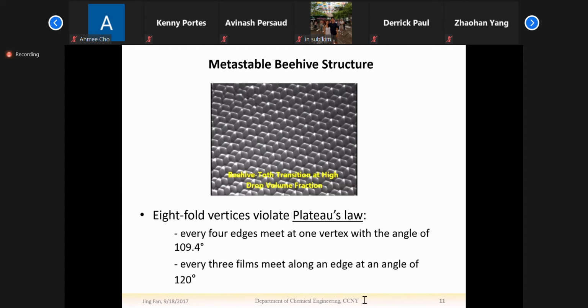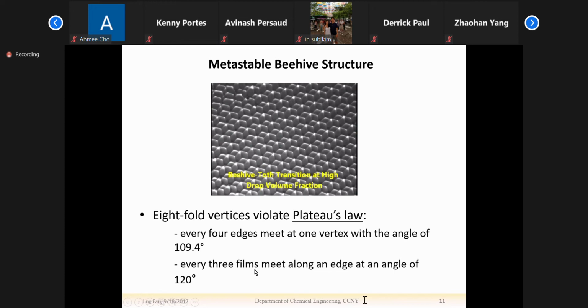Okay, so the reason for this structural transition from beehive structure to the other is actually that this beehive structure is not stable at high droplet volume fraction. It's against the so-called Plateau's law, which I may just skip. Basically, this law requires that a stable structure should have these two features. One, every 4 edges meet at one vertex with the angle of 109 degrees.